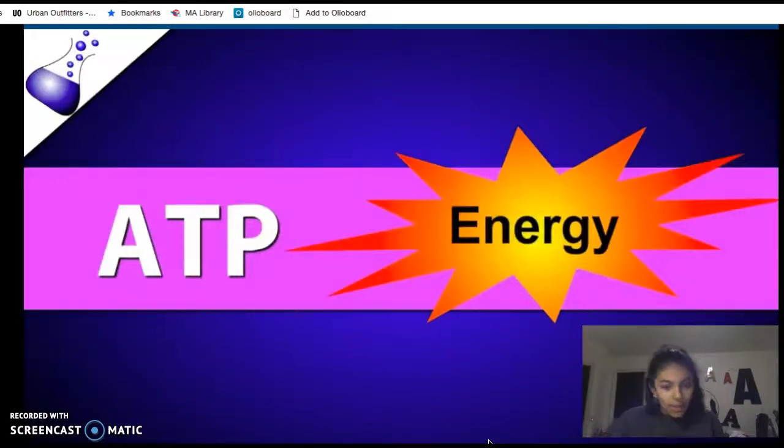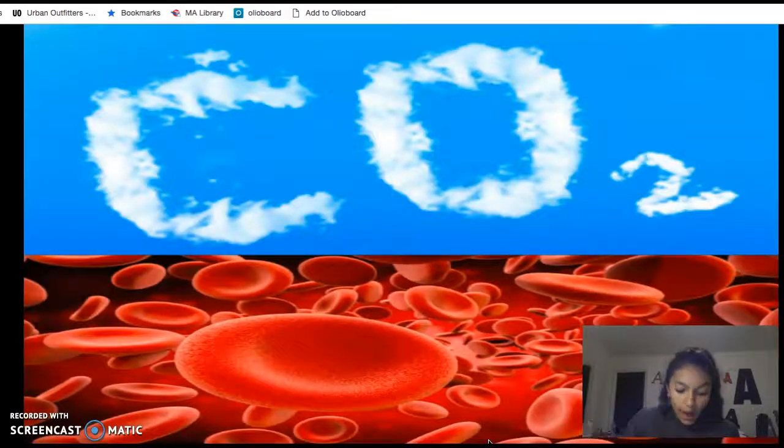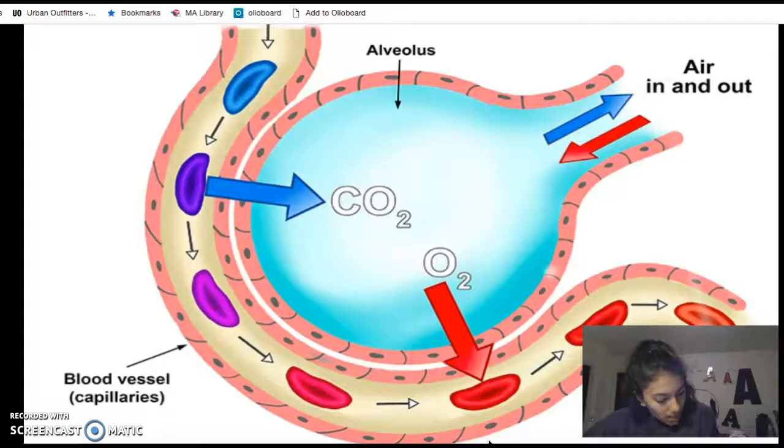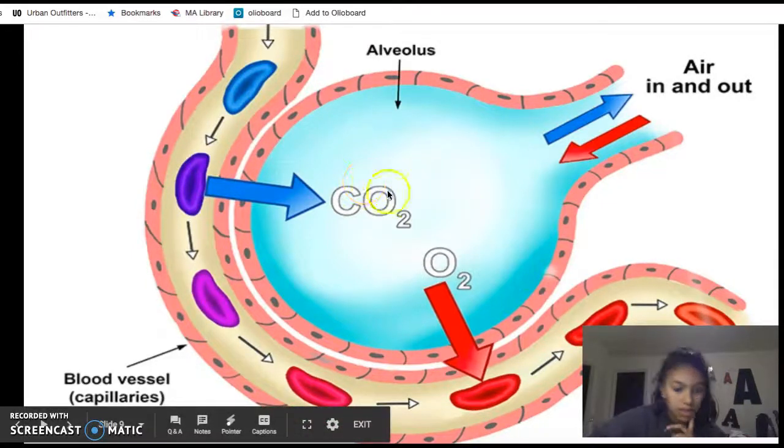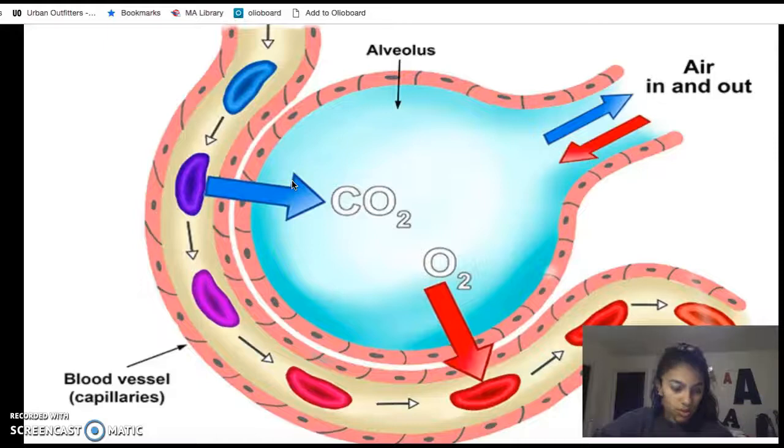CO2 moves from the skeletal muscle cells into the capillary, it is then transported by diffusing out of the red blood cells down the concentration gradient and then into your lungs. So, the hemoglobin transports some of the CO2, as you can see here, into the alveolus, while the rest of the CO2 is dissolved in like plasma and blood.